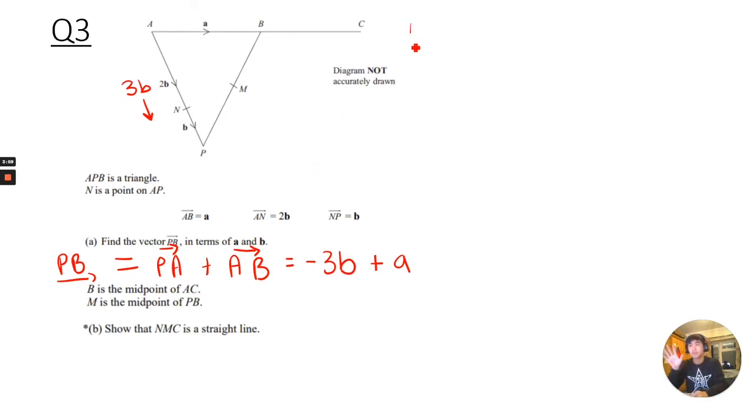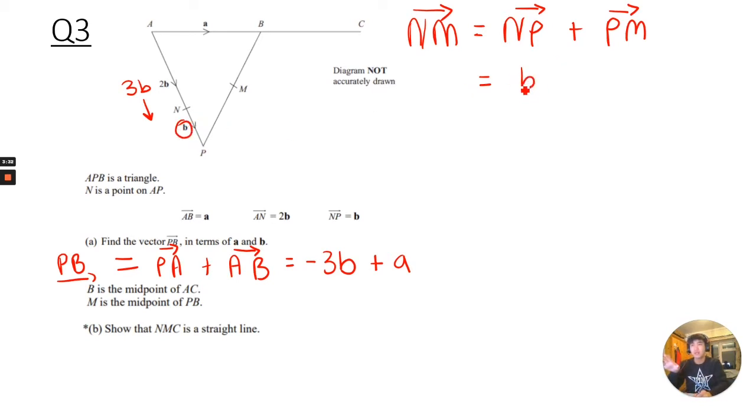So the vector N to M, we can't go directly from N to M, but what we can do is go from N to P and then go from P to M. In the question it's given us that N to P is the vector b, which is here. So that's the vector b, underlined just to show you it's a vector.